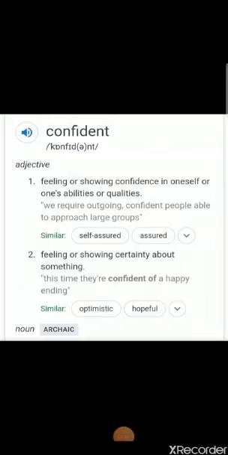We require outgoing, confident people able to approach large groups. So confident means something which comes from a feeling of well-being. If we believe in our own abilities, our own skills, our own experience, that confidence will come by itself. Yeah, that's it.